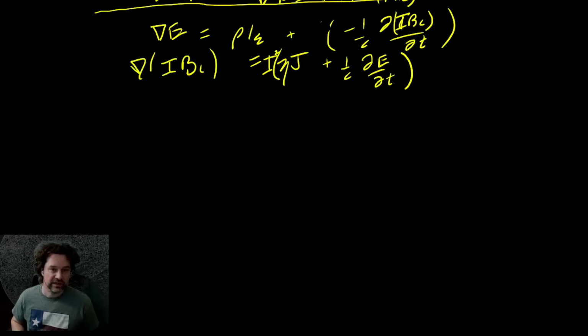So we have grad IBC, and over here we have just minus 1. Now, let's rewrite this one more time, although we could skip steps, but let's not.